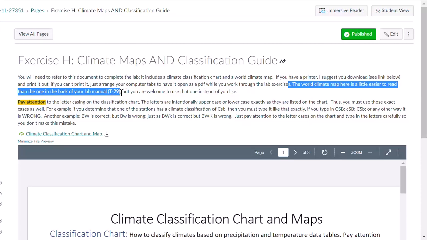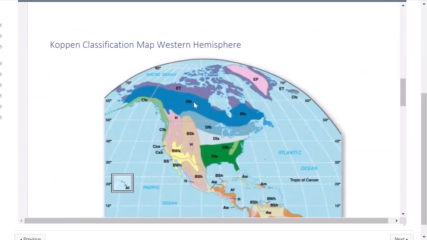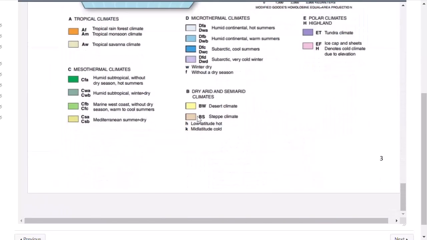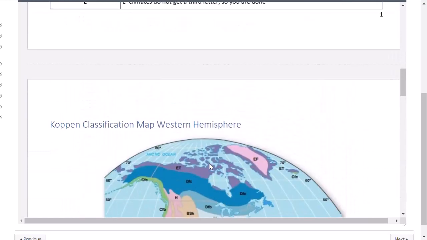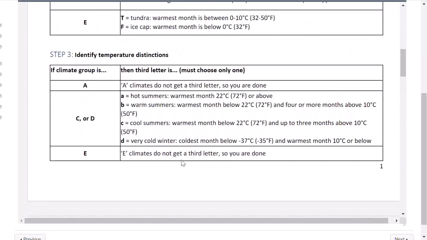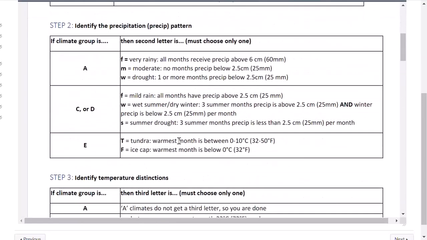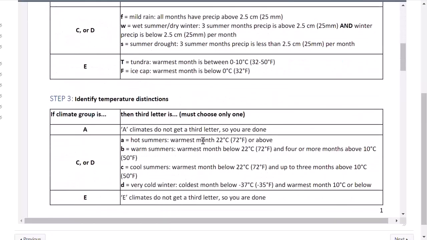So do not do this, and only use the graphs that you can find on this classification. This is the one you're going to need in order to answer the questions for both the practice and the graded exams. And this part is referring more to part 2, so tune into the next video so that I can walk you through exactly how to do this as well.